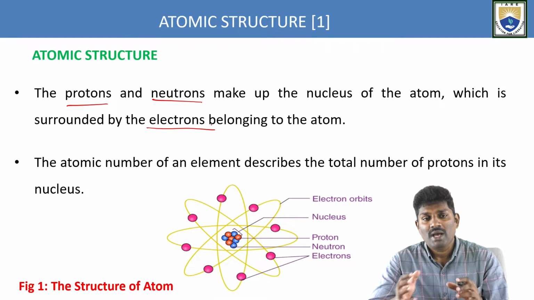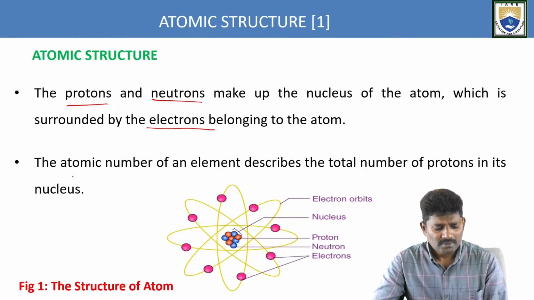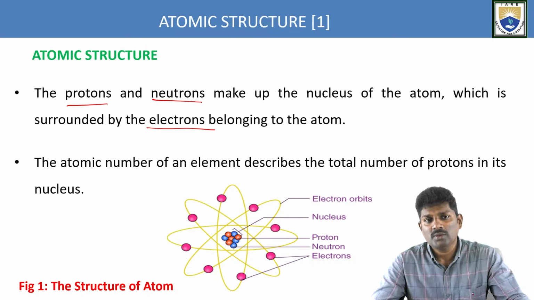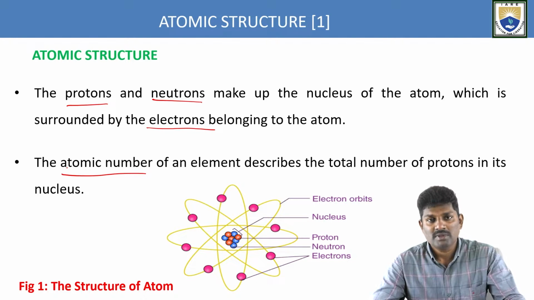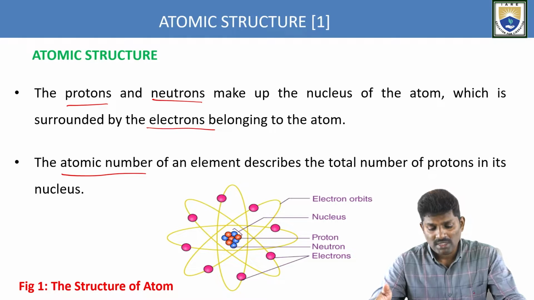So this is how you have the atomic structure. And the atomic number of an element describes the total number of protons in it. If you want to find out the total number of protons in the atomic structure, how can you find this? Based upon the atomic number. If you know the atomic number, it is very easy to find out the number of protons present in the nucleus.